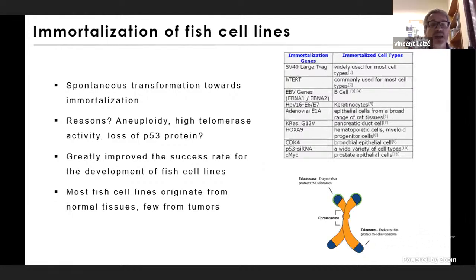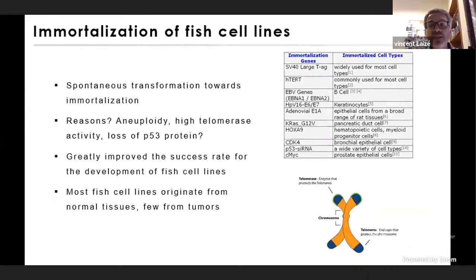So fish cell lines can spontaneously transform towards immortalization. The mechanisms, we still don't know. Some people have proposed that it could be because fish cell lines are mostly aneuploid, or because they express a high telomerase activity. And I put here a small scheme for you to understand.